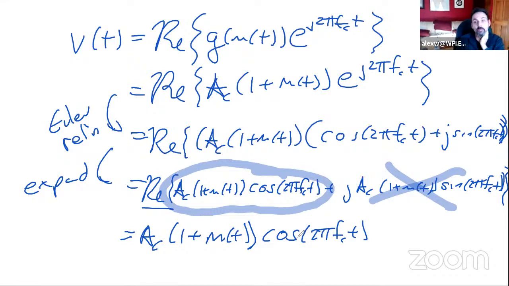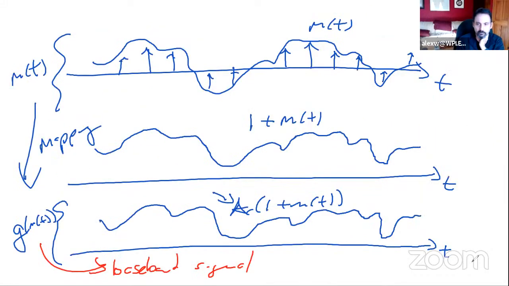So now let's go back to my waveform from before. Right, so let me memorize it. Close enough. So now what happens is the v of t is equal to this thing, cosine 2 pi fc t.